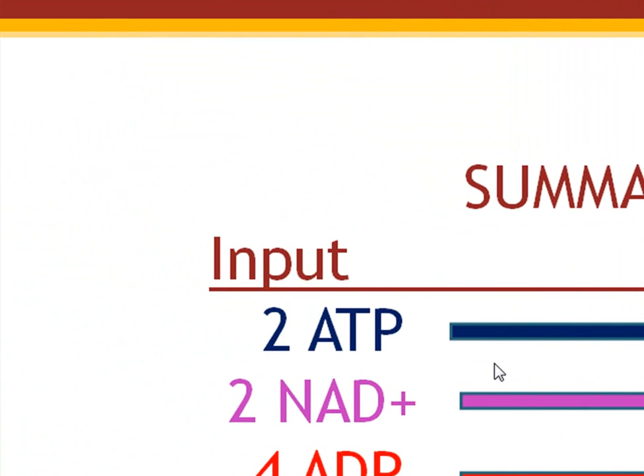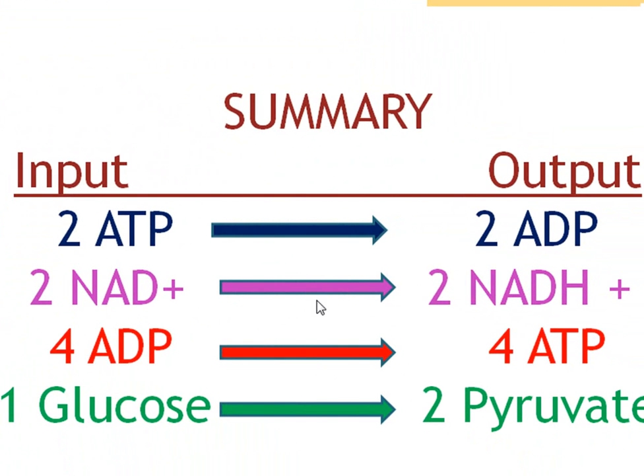That was our energy investment phase. Through the energy production phase, we have reduced 2 NADHs, we have phosphorylated 4 ATPs, and we have made 2 sugar molecules known as pyruvate. Now, if you recall, NADH has the ability of converting to 3 ATP molecules.